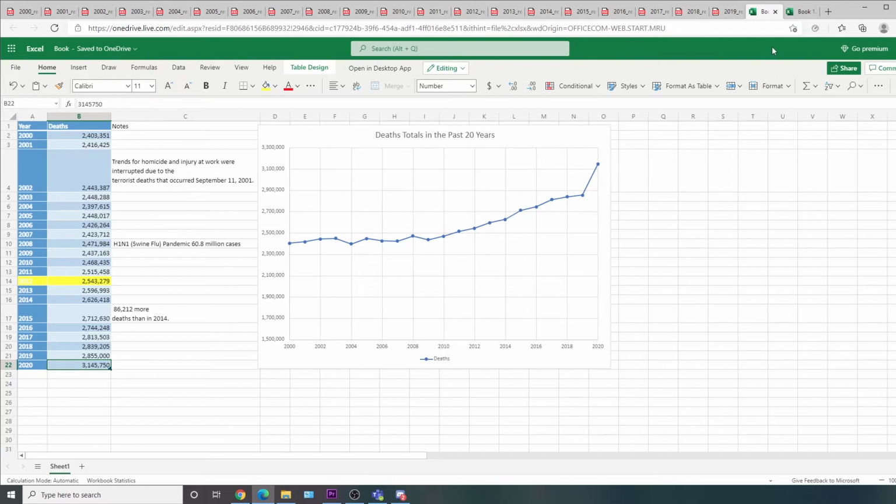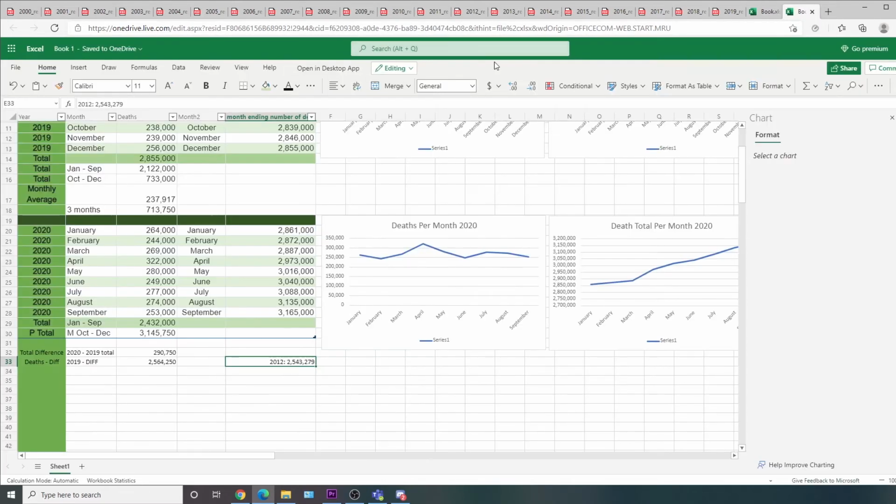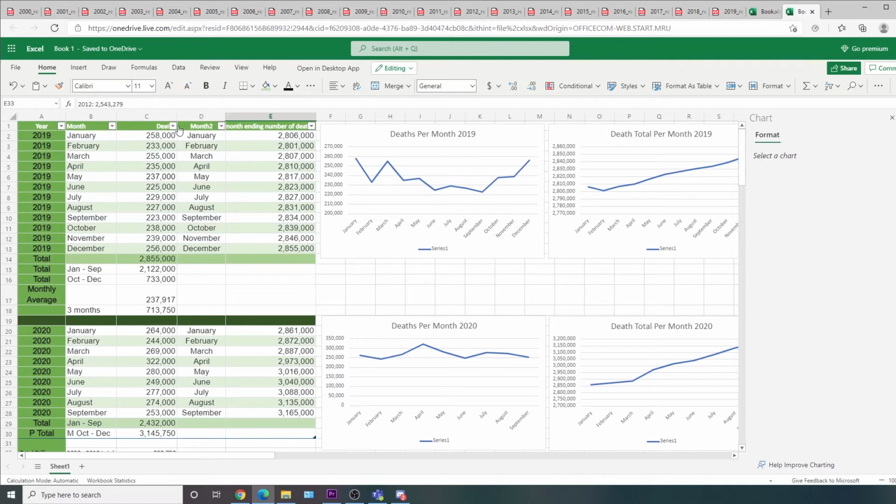I will go over how I got that number. So as you can see here, in 2019 it fluctuates how many deaths happen per month, but the monthly average of deaths is about 200,000 people. And in the last 3 months of 2019, there were about 733,000 deaths.